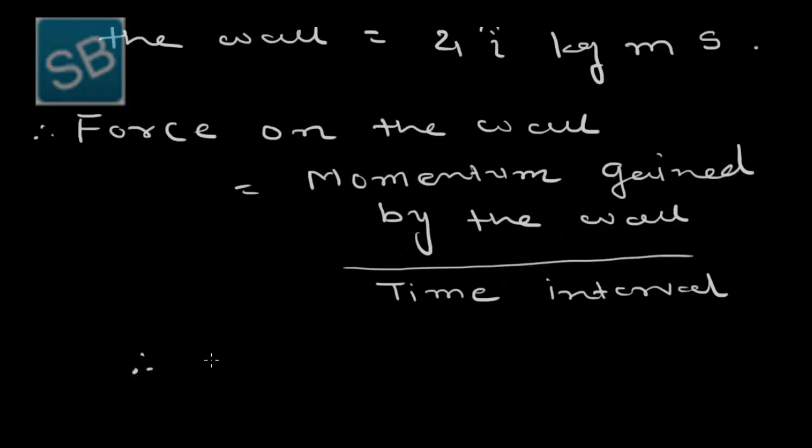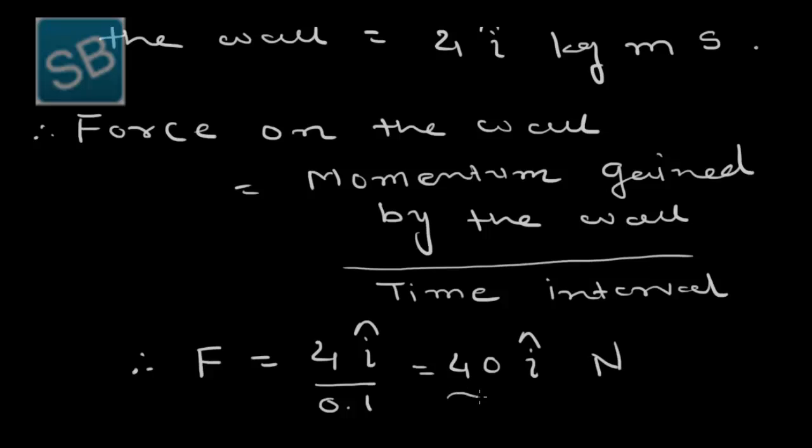Therefore, the force F is equal to the momentum gained by the ball, 4 i cap, divided by the time interval of 0.1 second, which is given in the statement. So the answer is 40 i cap Newton, and hence this 40 Newton force acts on the ball in the positive x direction. So this is the force magnitude.